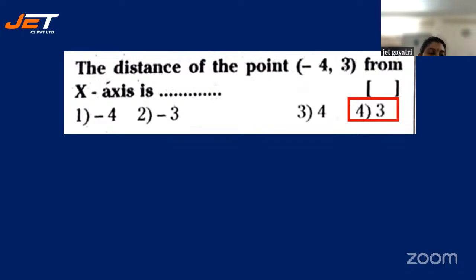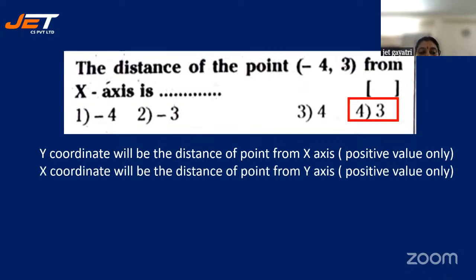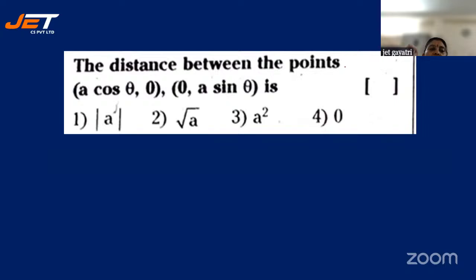Sri Vanilla, Swargam, Shama, all others can answer. All right. Yes, let's move on. See here, y coordinate will be the distance of point from x-axis, only positive value. So x coordinate will be the distance of point from y-axis, that is positive value. All right. See the next question.